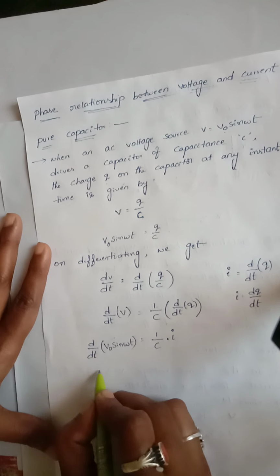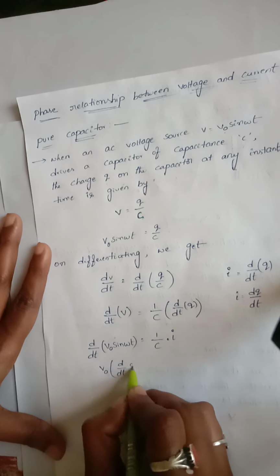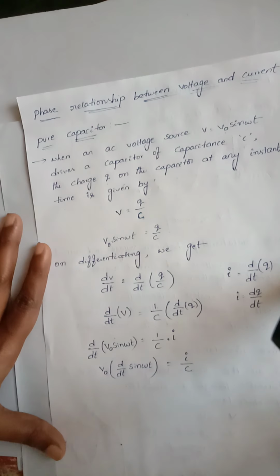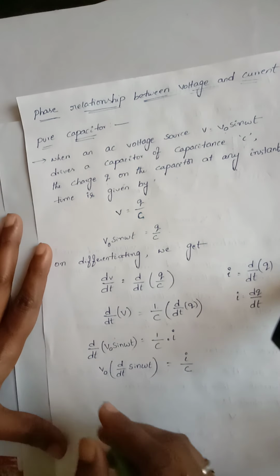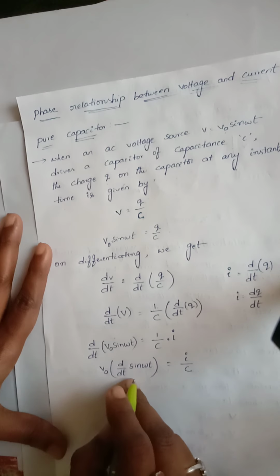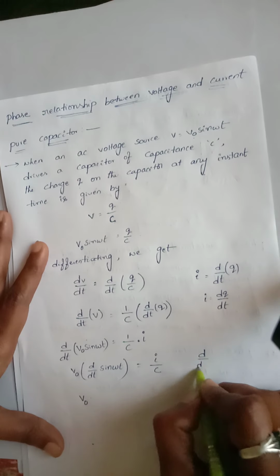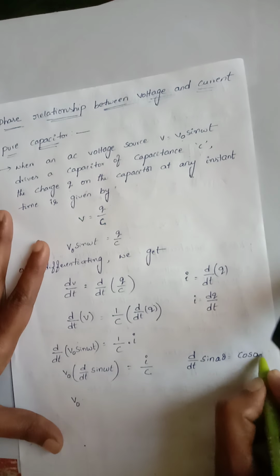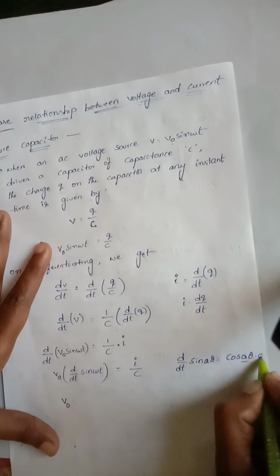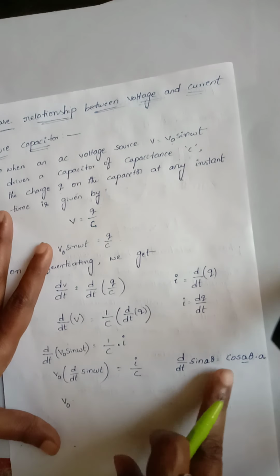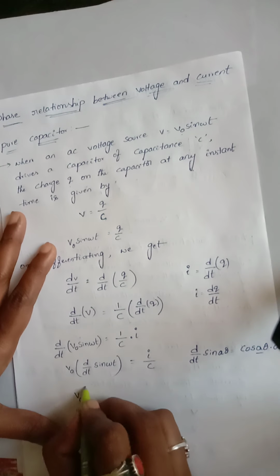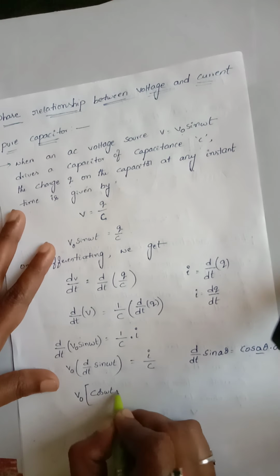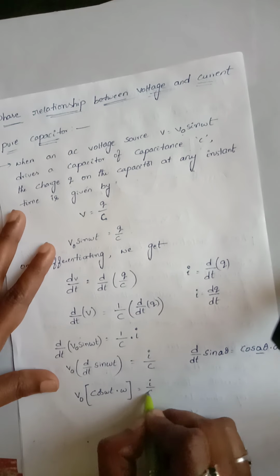Here V naught is taken as a constant. The differentiation of sin omega t becomes cos omega t into omega, that is equal to I by C.